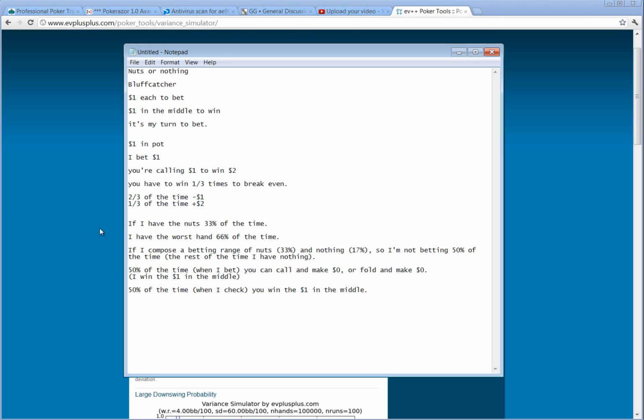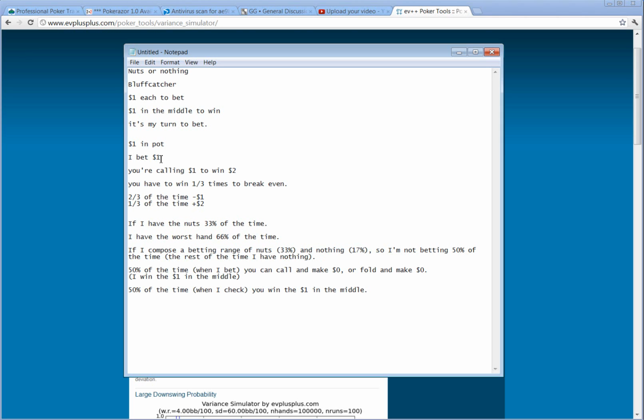But I'm able to, just using the rules of the game, exploit the fact that I can have the best hand and make a balanced betting range where I bet with the best hand and I bet with bluffs in a proportion that makes sense for how big my bet is relative to the pot.